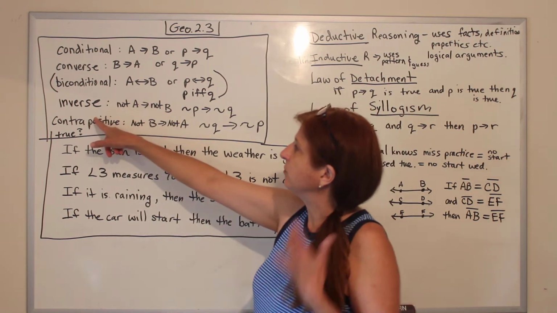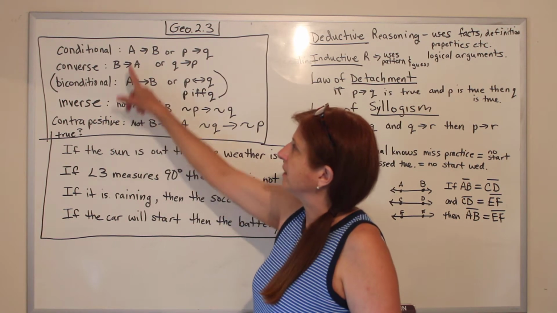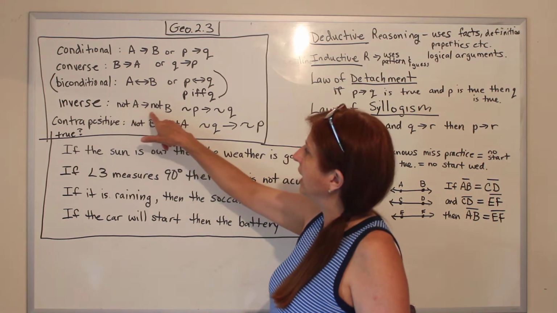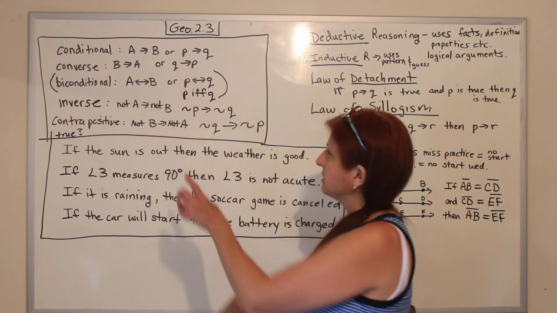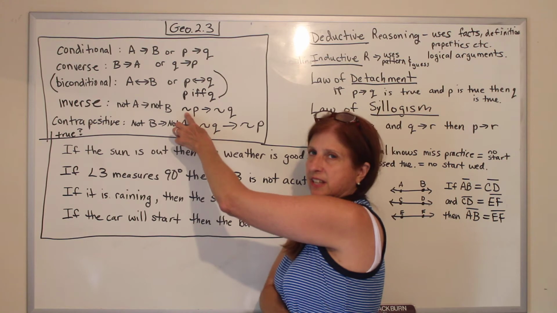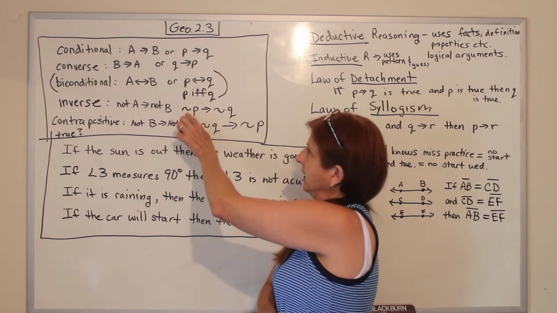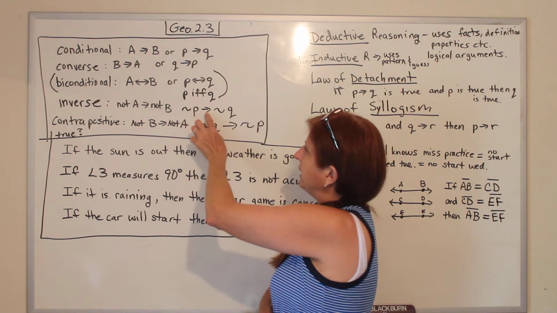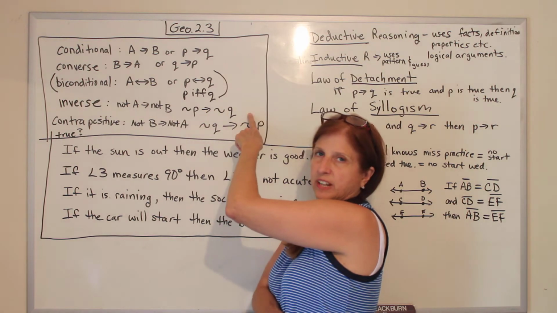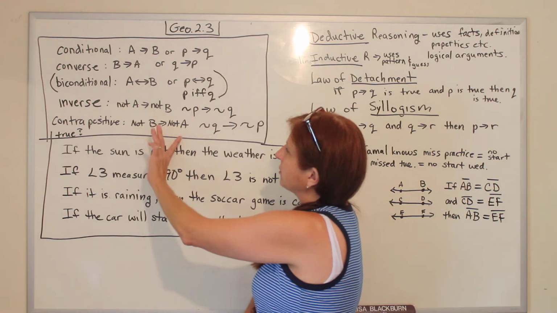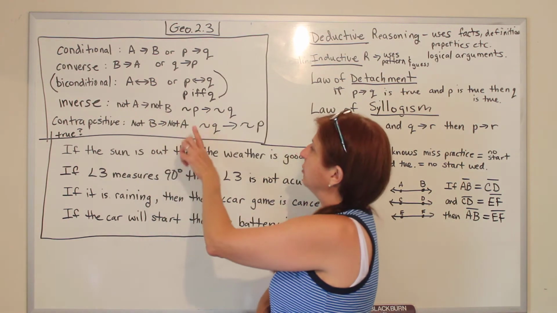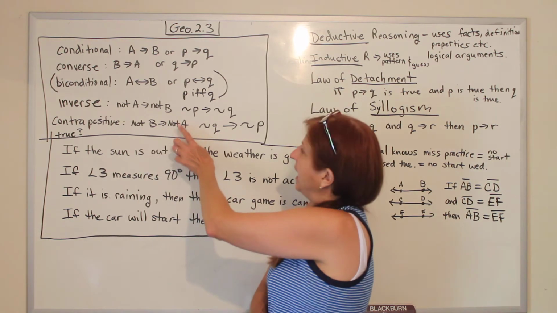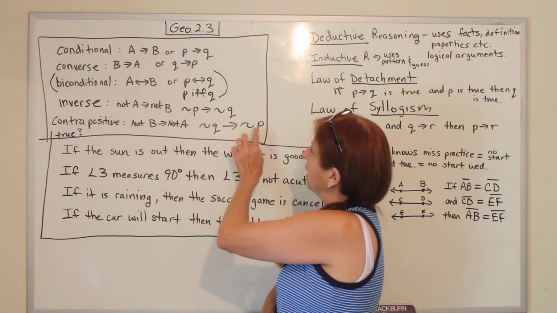Okay? The inverse is you add not to the conditional. Not A, then not B. And the symbol for doing it with P's and Q's is that little curvy line. Curvy line P means not P, then not Q. Curvy line Q. And then the contrapositive, you switch them and negate them. So it's not B, then not A, or not Q, then not P.